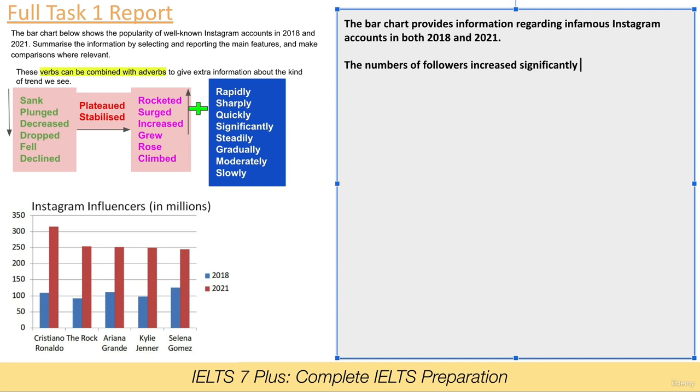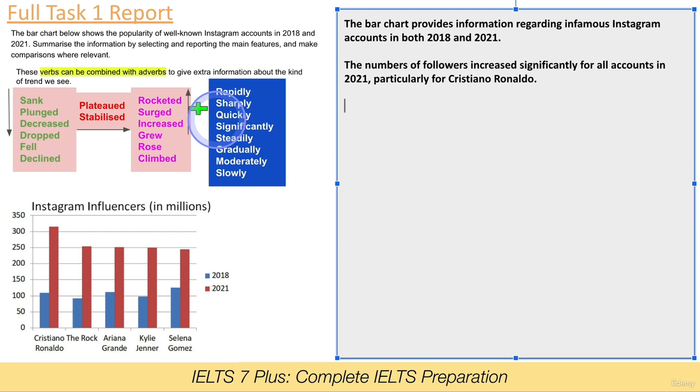The numbers of followers increased significantly for all accounts in 2021, particularly for Cristiano Ronaldo. We'll make sure we spell his name correctly. Okay, so we're really just setting up the essay for ourselves to go into more detail here, and in the body we'll pull figures from the bar chart itself, so we'll go into specifics now.